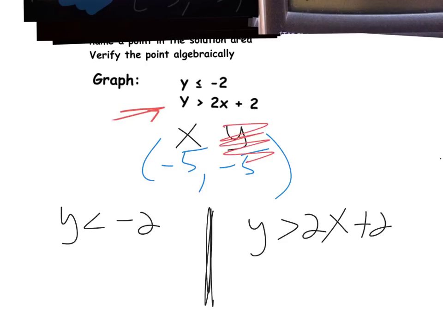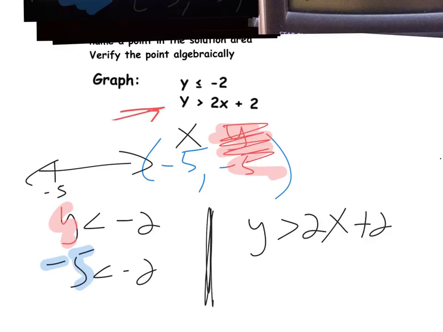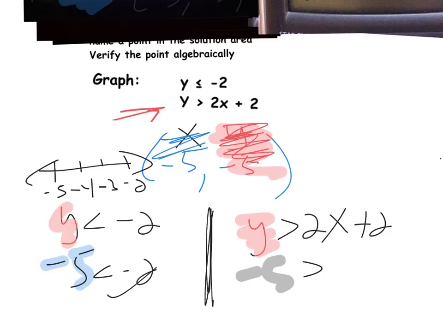Here I have y, which is -5. Negative 5 is less than or equal to negative 2. And if you think about where those numbers are on a number line, negative 5 is to the left of negative 2, so that's true. And then here I have y, which is again negative 5, is greater than or equal to 2 times x plus 2, so 2 times negative 5 plus 2.